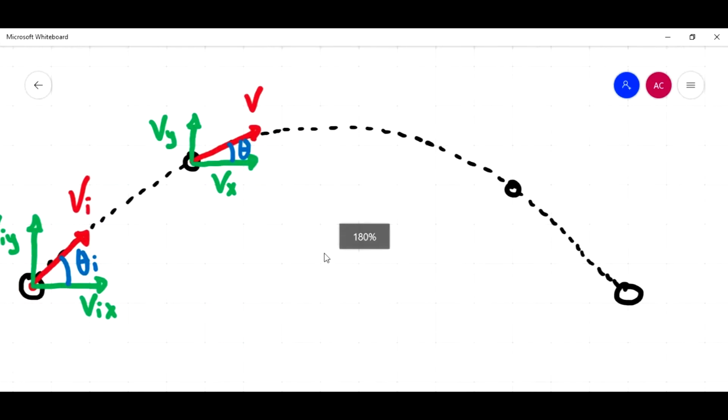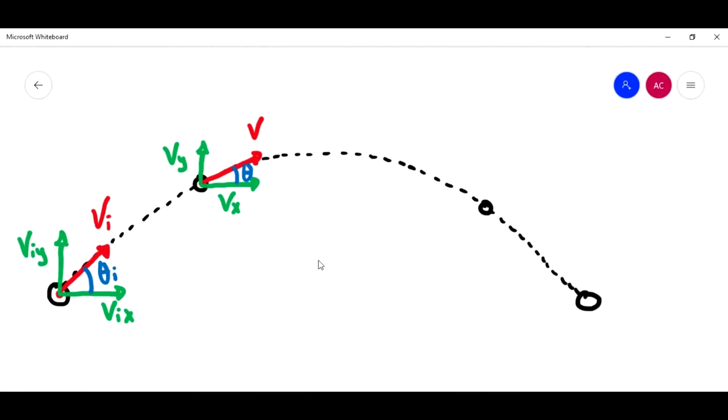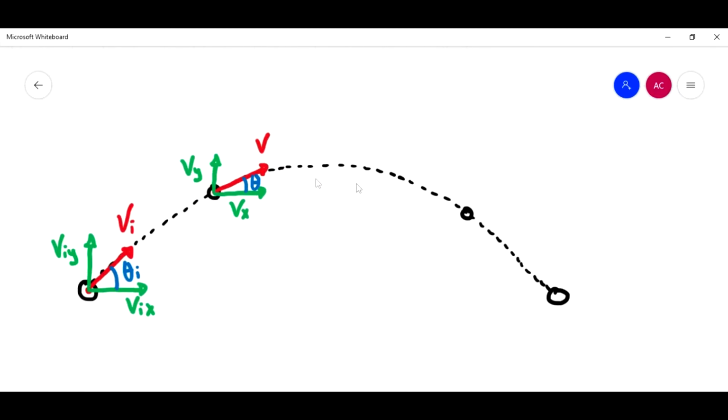Now, what I recommend you to do is, for example, this is the drawing, and I divide this motion into two segments. I call this segment number one, and this segment number two.